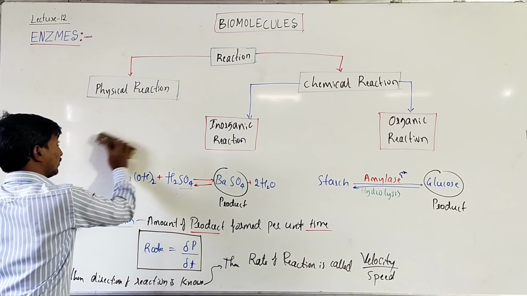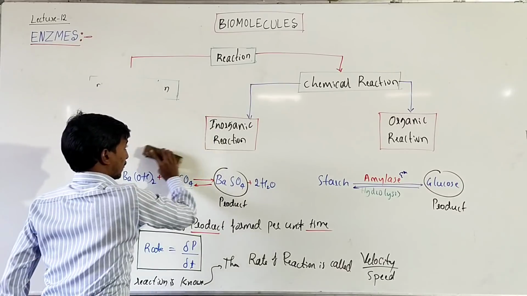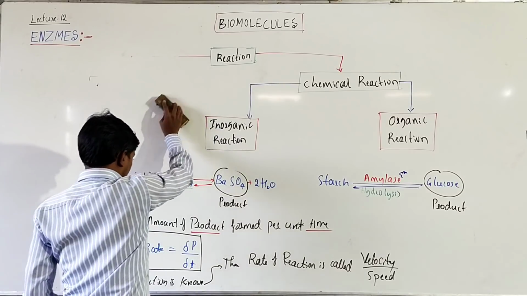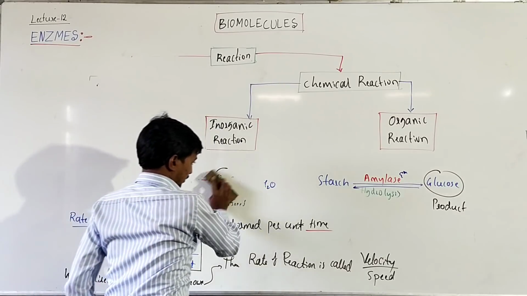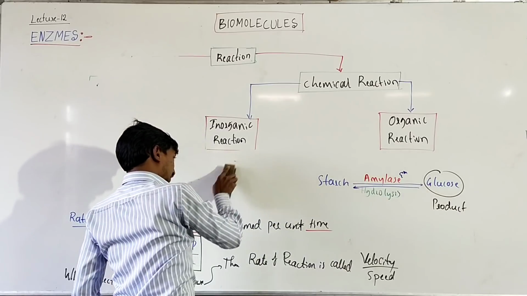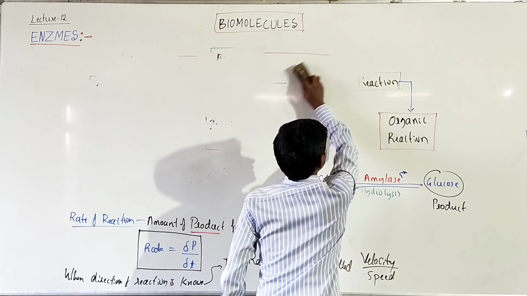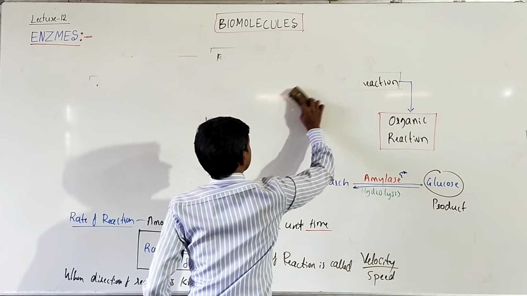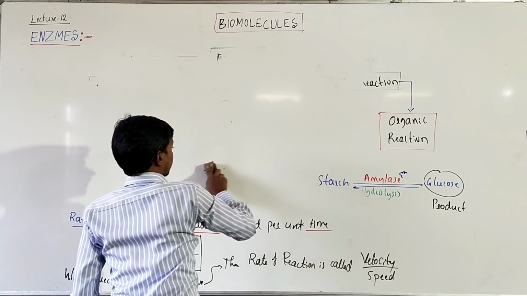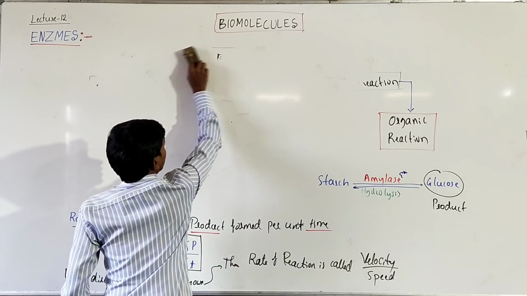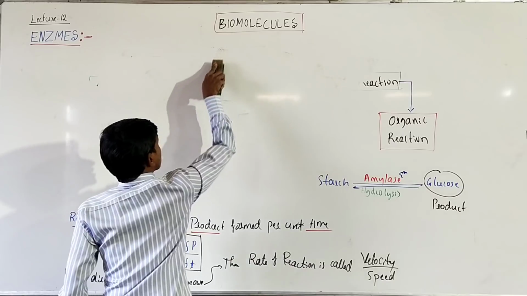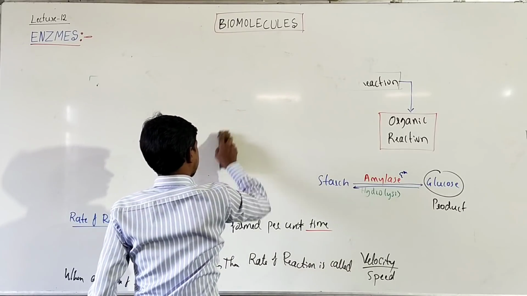Okay, so when we say the rate of reaction, this will be affected by many factors. We have temperature, light intensity, water, and some other chemicals called inhibitors.